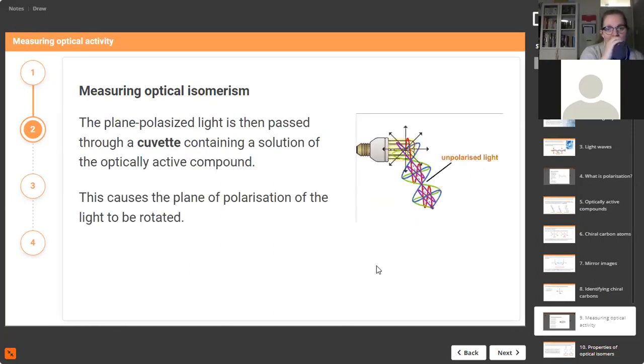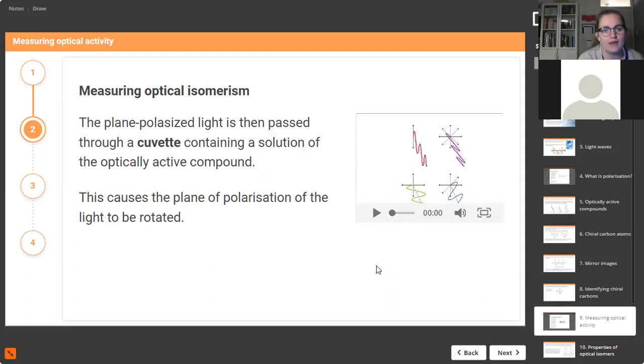That plane polarized light is then passed through a cuvette, and in that cuvette we will have a solution containing an optically active compound, some type of molecule that's optically active. This will then cause the plane of polarization of the light to be rotated.